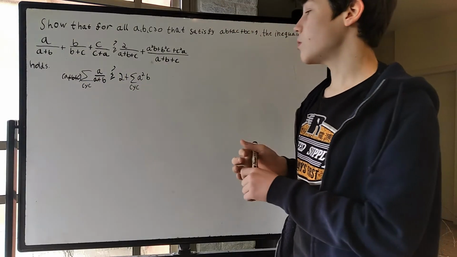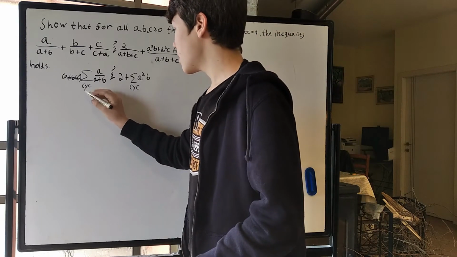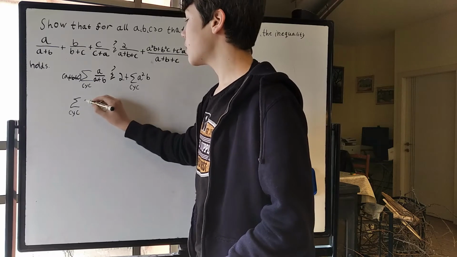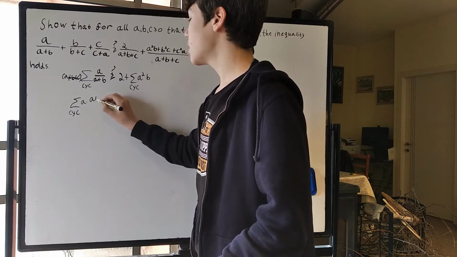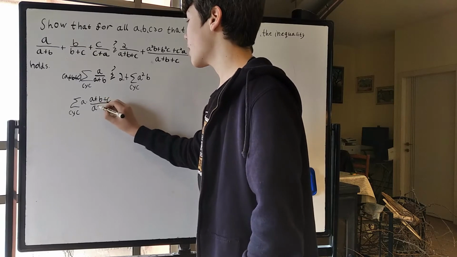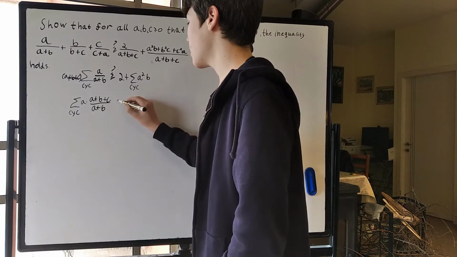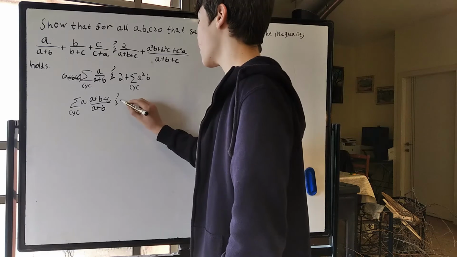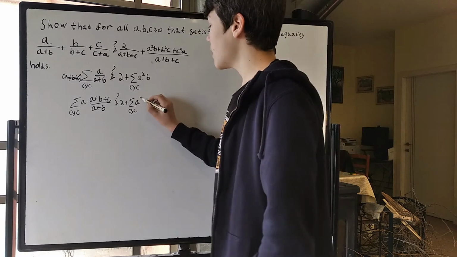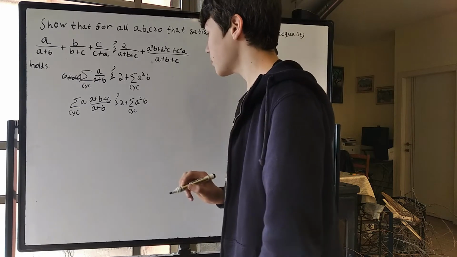I'll let you think about why we can do that, but we'll end up with the cyclic sum of A times A plus B plus C over A plus B. And is that bigger than or equal to 2 plus the cyclic sum of A squared B? Okay?